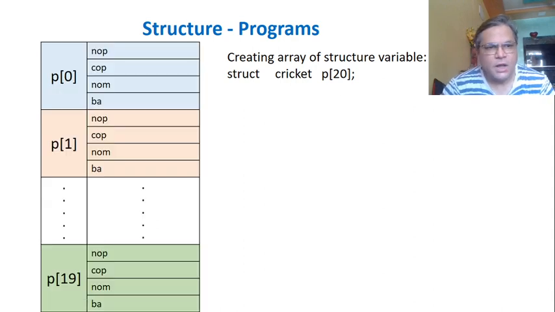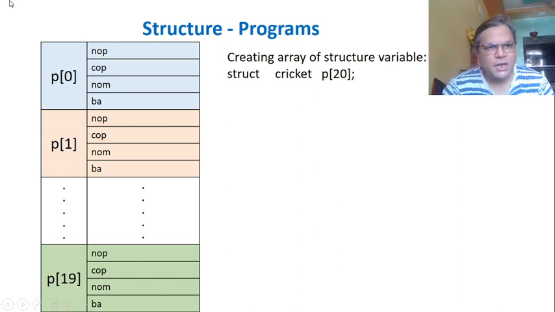Then the array after creation will look something like this inside a memory. It will have 20 main elements like P0, P1 up to P19, and since every element is a structure variable, it will consist of 4 parts inside it, 4 fields inside it, that is NOP, COP, NOM and BA. Now our aim is to read the information from the user and store them into the structure variable fields.